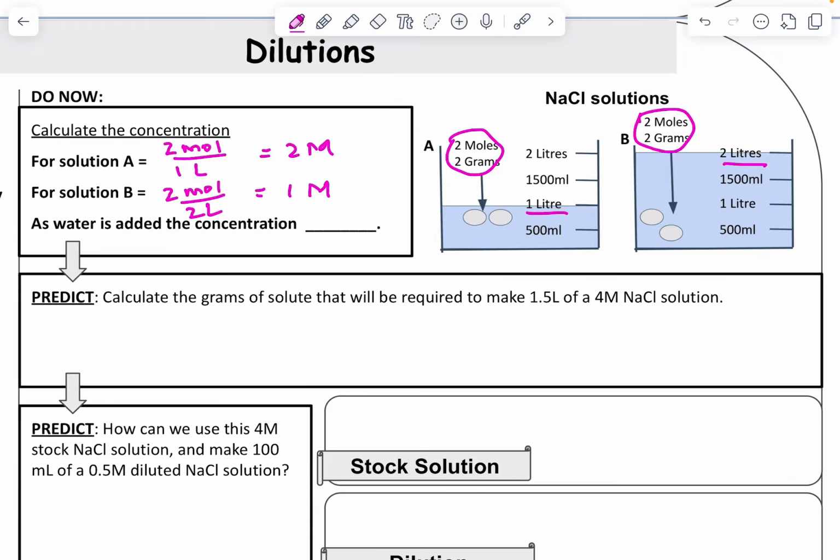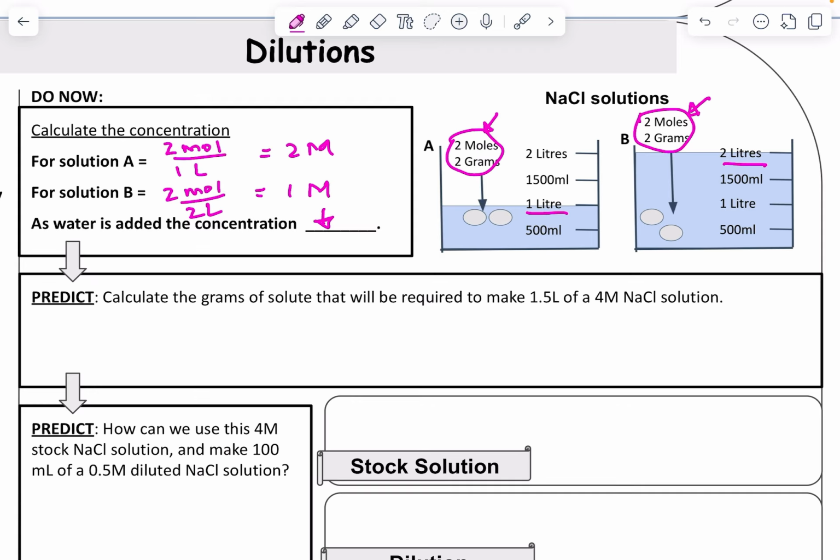So what this tells us is that as water is added, the concentration of the solution goes down. However, as you can see in the 2 diagrams, the number of moles of the solute remain the same.